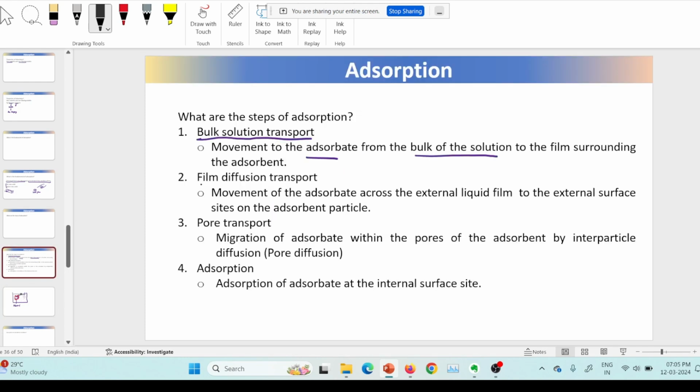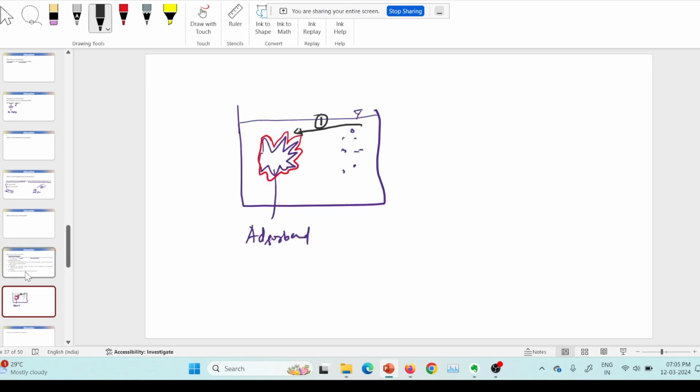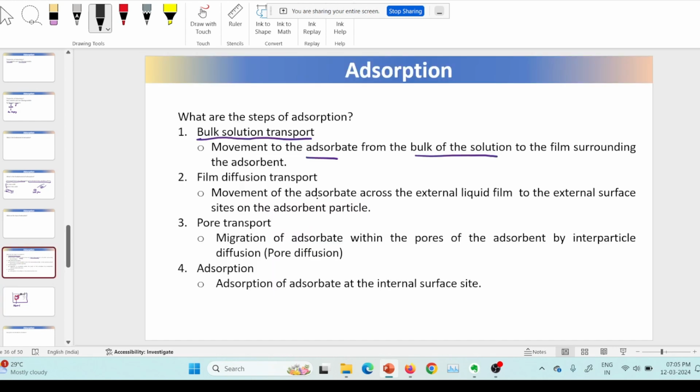Step two is film diffusion transport. What will happen here? Movement of adsorbate across the external liquid film to the external surface side of the adsorbent particle.